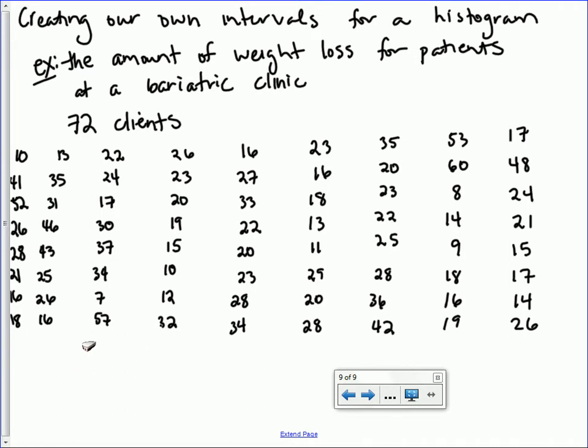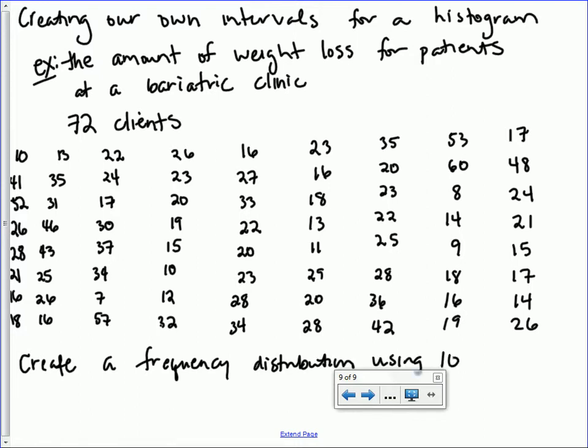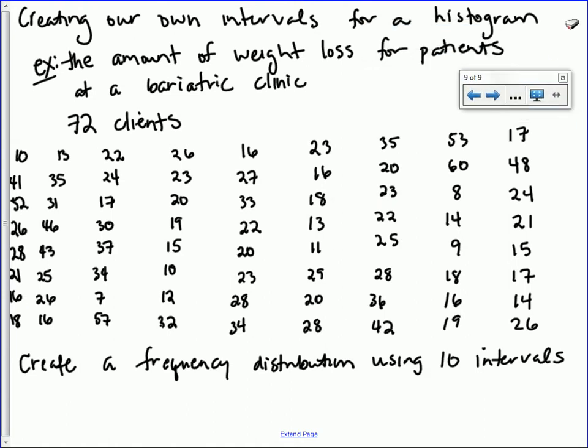So if we want to create a frequency distribution using 10 intervals, maybe because I think that will make my graph look better. Maybe that will be the way my boss wants me to represent it. Whatever it may be, I'm going to use 10 intervals.